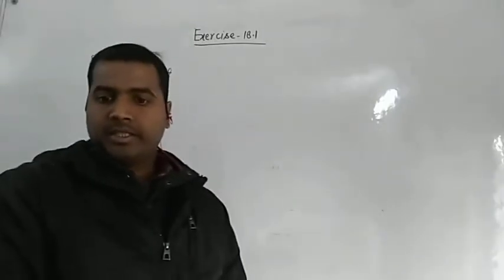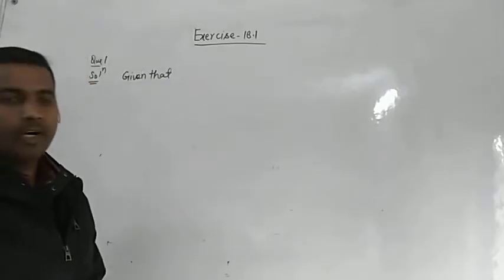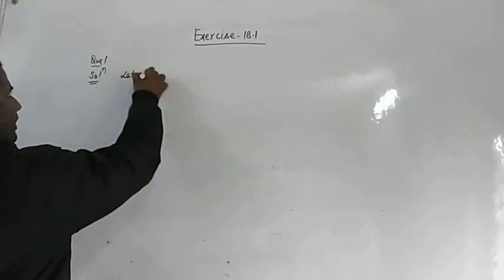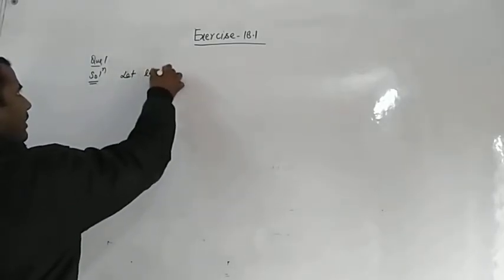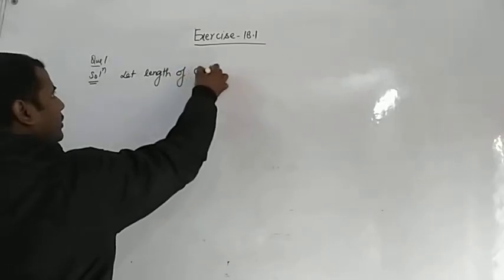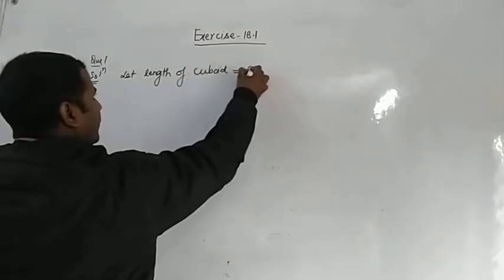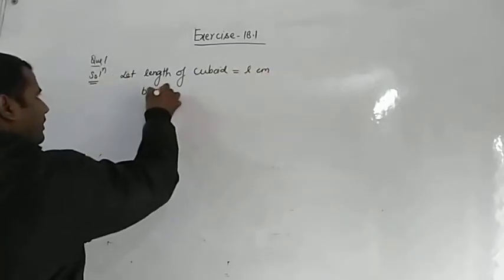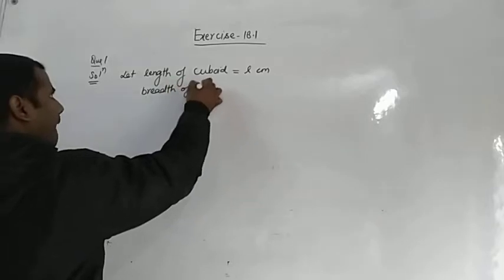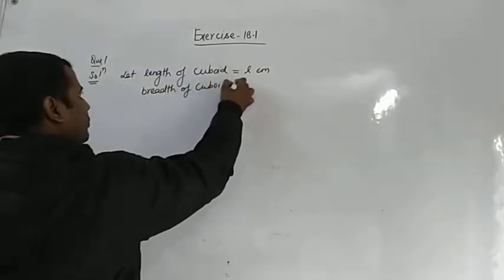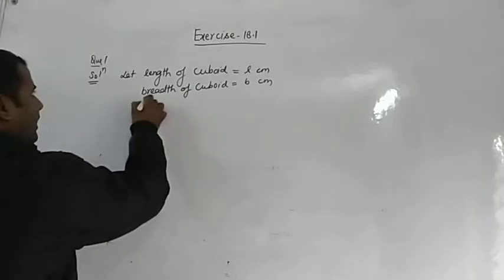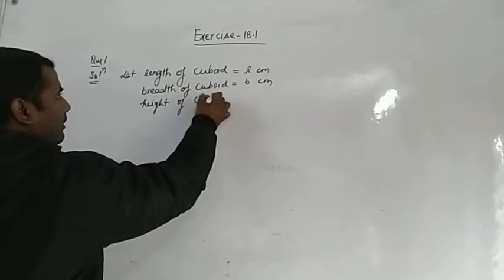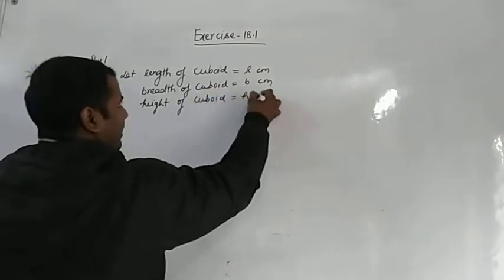Given the sum of length, width and height of cuboid, let length of cuboid is equal to L centimeter, width of cuboid is equal to B centimeter, and height of cuboid is equal to H centimeter.